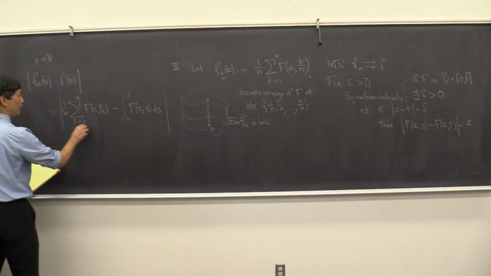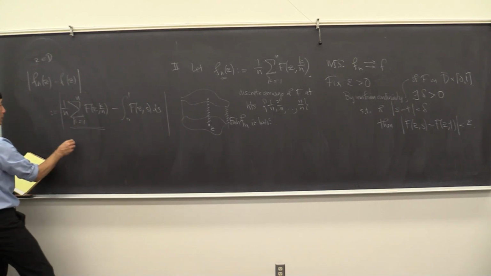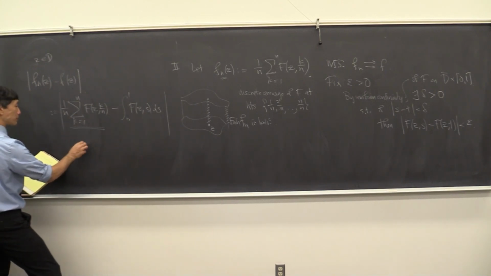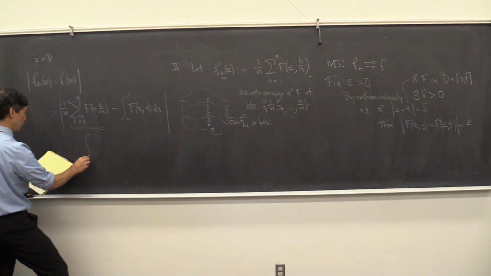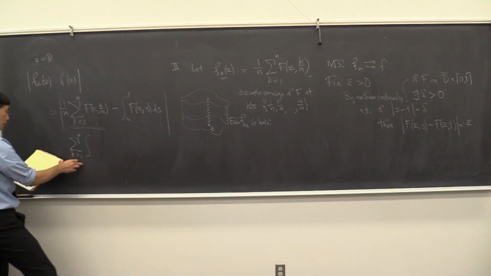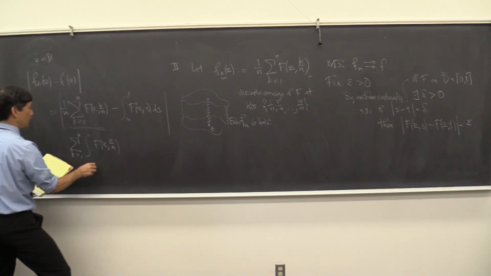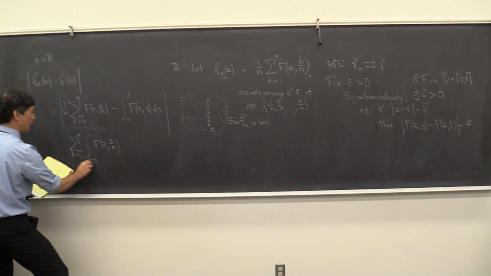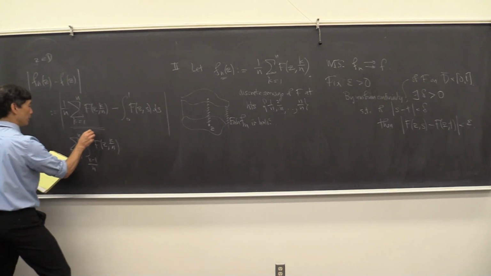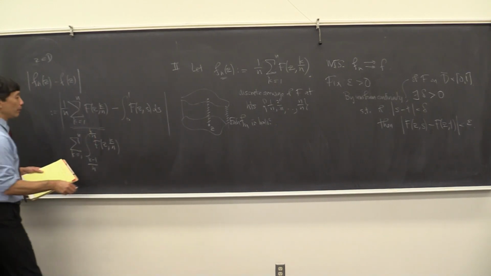And we're going to rewrite this whole thing as the sum from k equals 1 to n of the integral from k minus 1 over n to k over n.